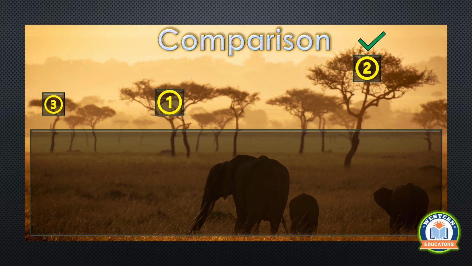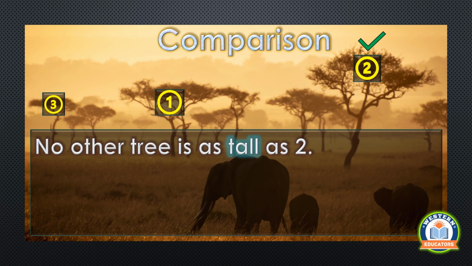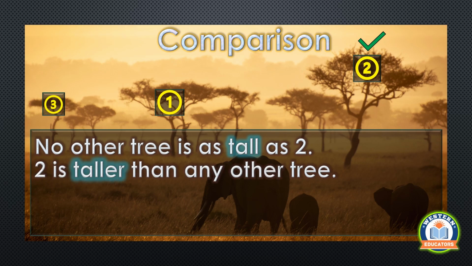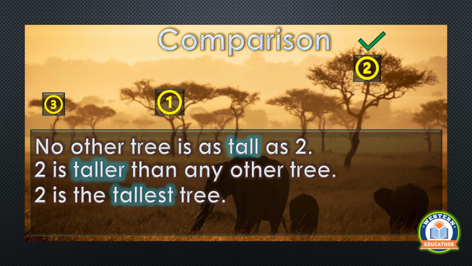So we are going to say it like this. For positive degree, we are going to say no other tree is as tall as 2. And for comparative, we are going to say 2 is taller than any other tree. And for superlative, we are going to say 2 is the tallest tree, since there is no other tree as tall.